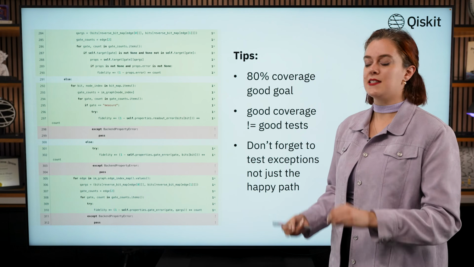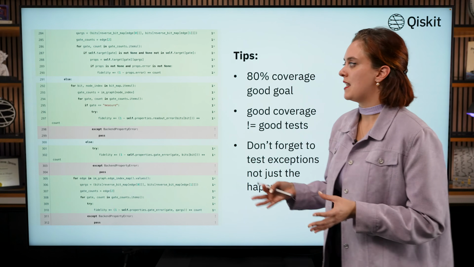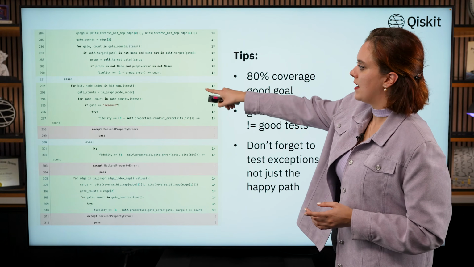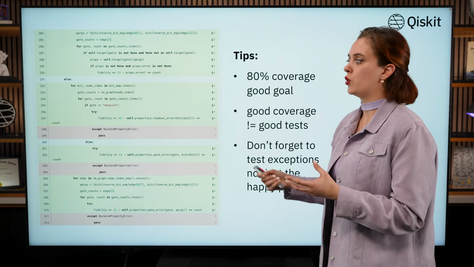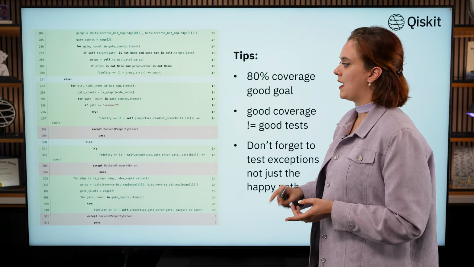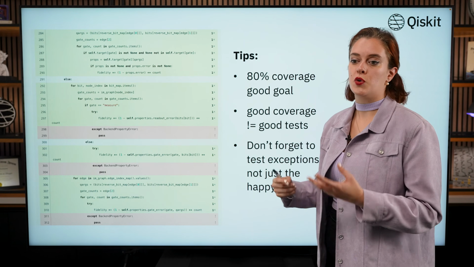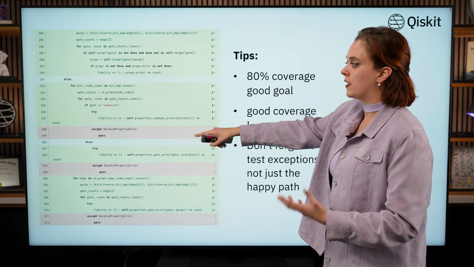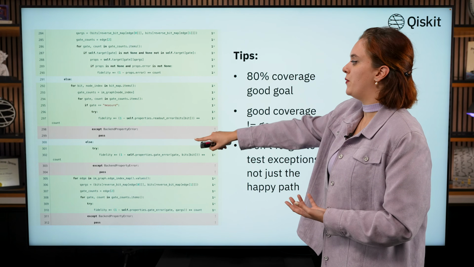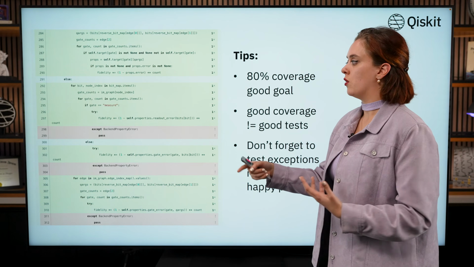When you're writing tests, make sure that you're not just testing for the happy path. You're not just writing tests to cover the main functionality of your code, but you also want to write tests that cover the errors, because you want to test that if a user does something wrong or gives the wrong input, an error is being raised when you're expecting it to.